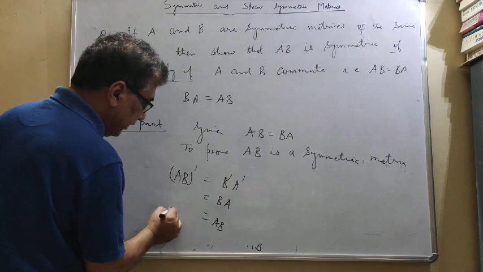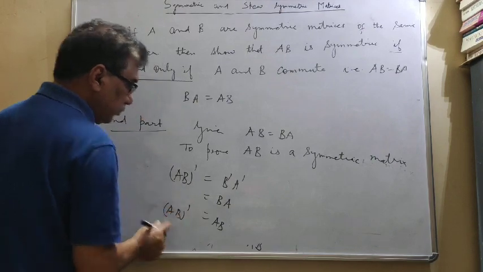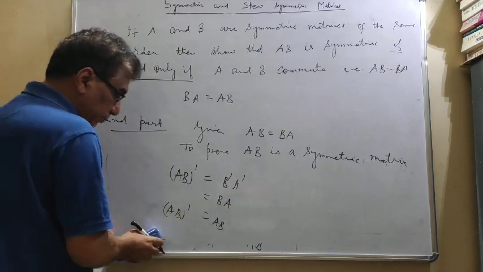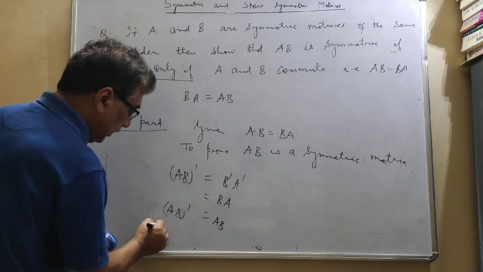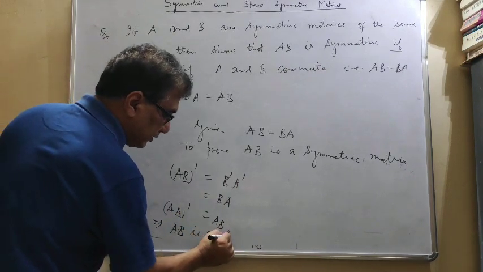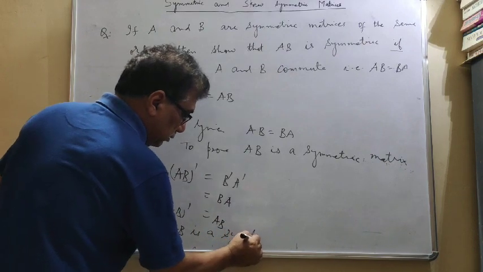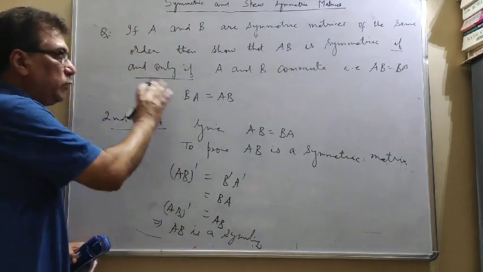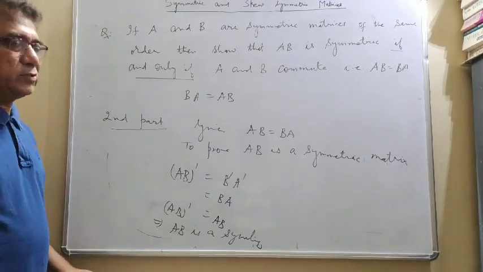So what we get finally, that transpose of AB is equal to AB, that means AB is a symmetric matrix. We proved. So we have proved both parts. So this is the solution.